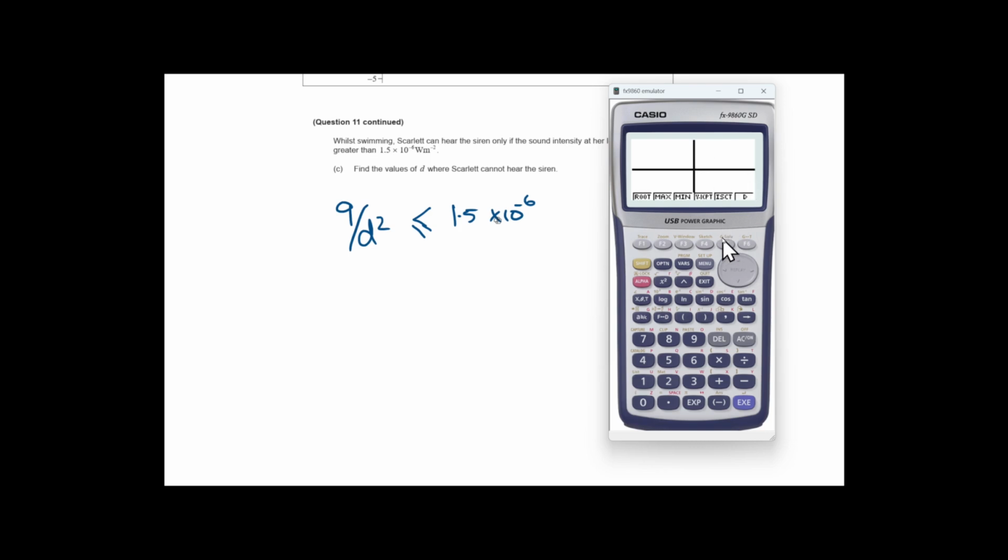And I'm going to go G-Solve, and you see it's going to find the negative region where that's true, but you can't have a negative distance. Not for this anyway. And the positive distance is 2,449.48.